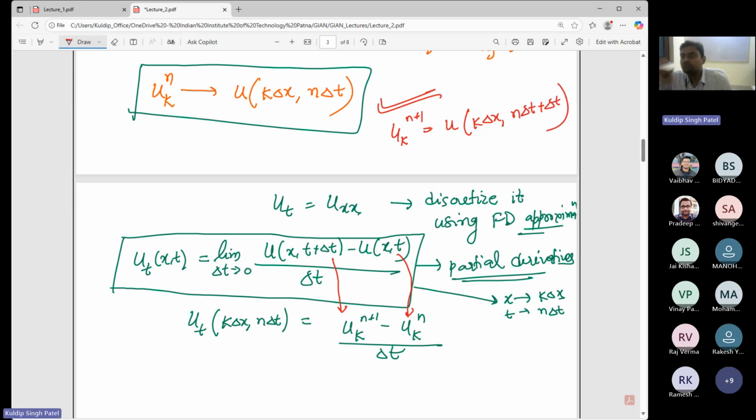That means one more step, or you can write it as u at k delta x comma n plus 1 delta t. I hope I'm clear enough that ut you can discretize using this equation.